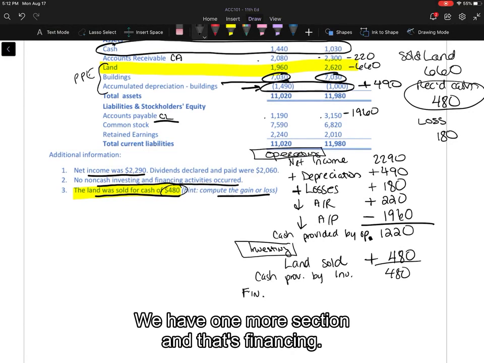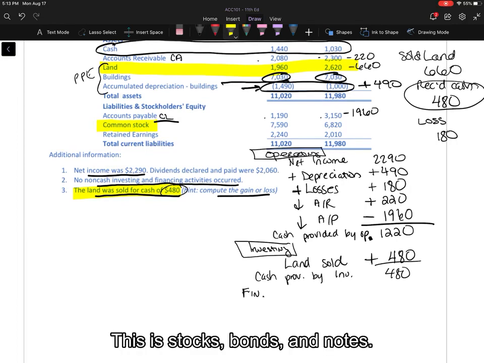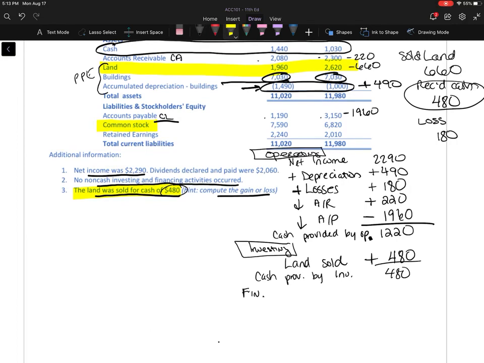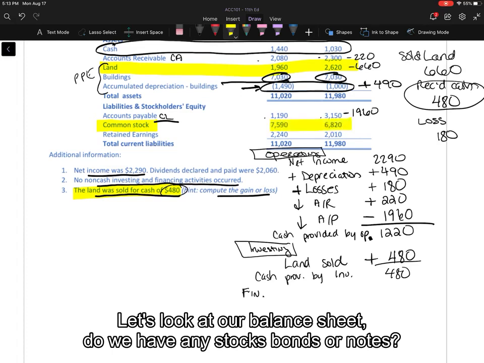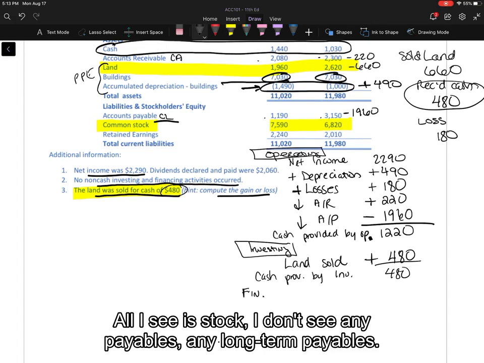All right, we have one more section, and that's financing. Okay, so this is stocks, bonds, and notes. So let's look at our balance sheet. Do we have any stocks, bonds, or notes? All I see is stock. I don't see any payables, any long-term payables.